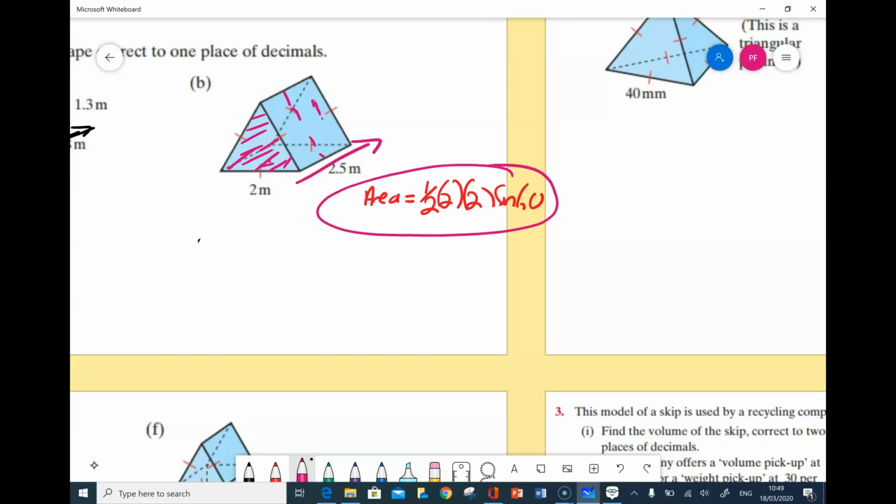That's the area of my triangle at the front, half AB sine C. So the area of the front is √3 meters squared. So the volume is the area of the front multiplied by 2.5, which is 4.3 meters cubed.